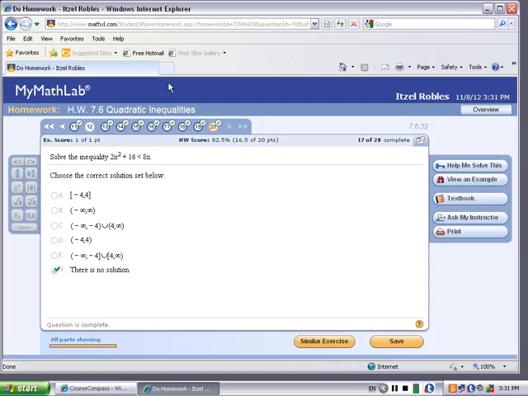Give me an x, I can give you a y, right? This is your function value. Does it make sense?